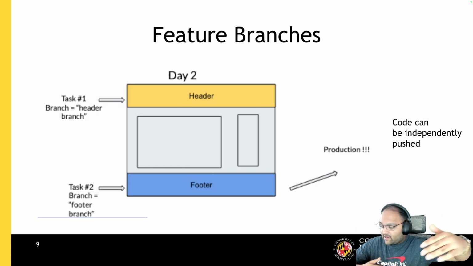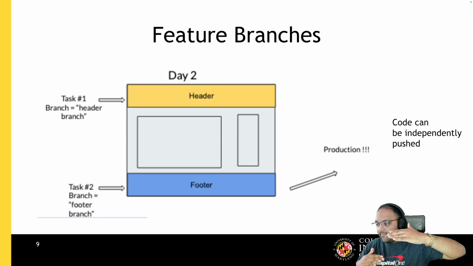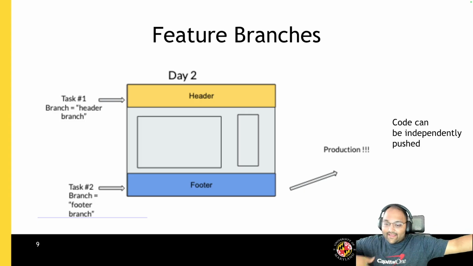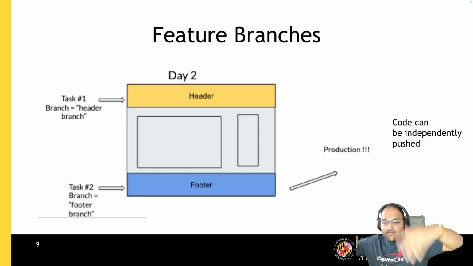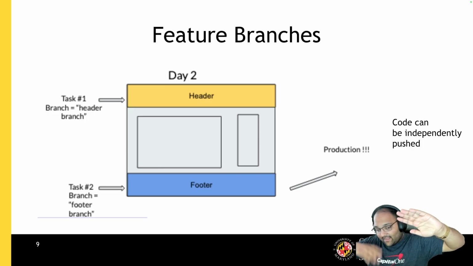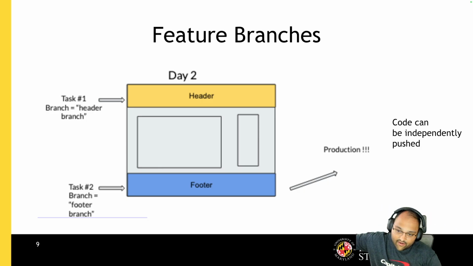They, as you can see, are completely separate parts of the app. So Alice, you go and work on the footer in your branch. Jim, you go work on your code in another branch. And now Alice can go and merge her changes without waiting for Jim. So Jim's working in isolation. Alice is working in isolation. So Alice might be able to say, hey, I'm pushing my code to production tomorrow.